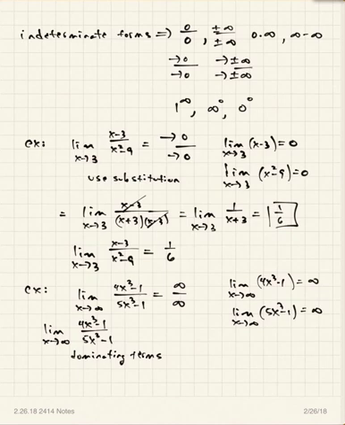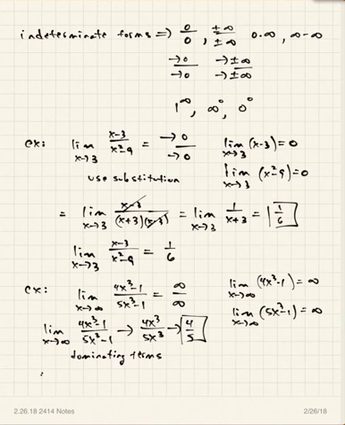But the dominating terms here are 4x cubed and 5x cubed. So this fraction just gets closer and closer to 4x cubed over 5x cubed as x gets large. And notice the x cubes divide out and you get 4/5, and boom, you've evaluated the limit there, right? The limit of that expression as x gets large is 4/5. The y values are getting closer and closer to 4/5 as x gets larger and larger.